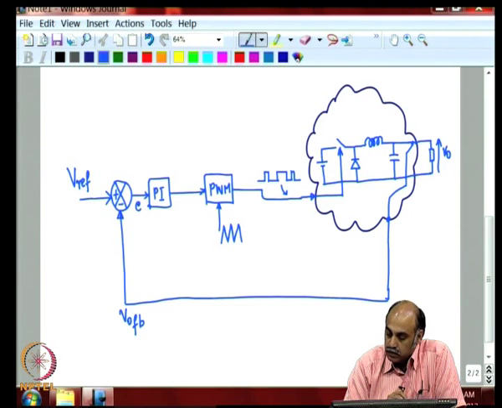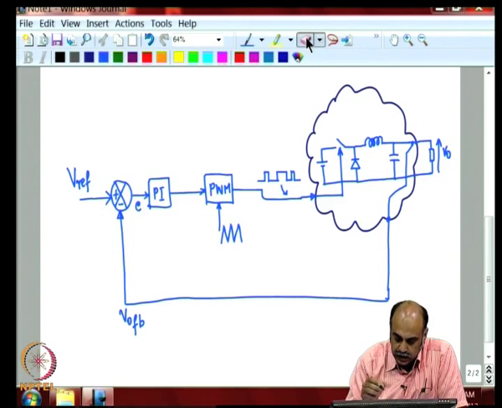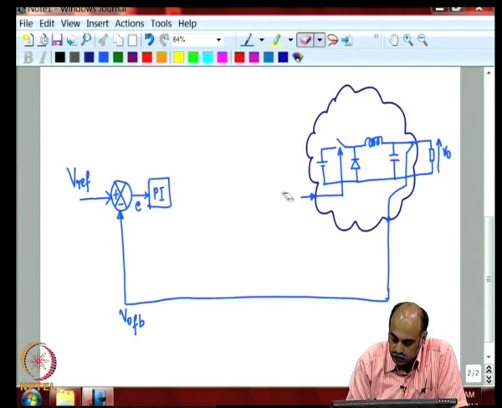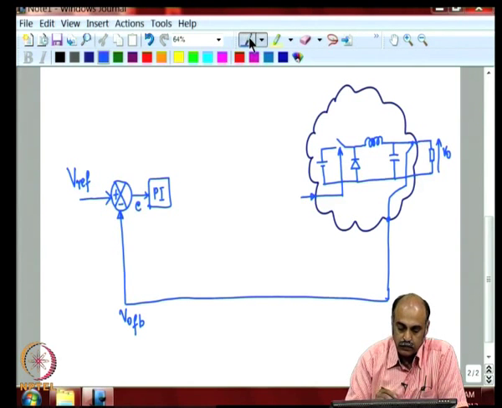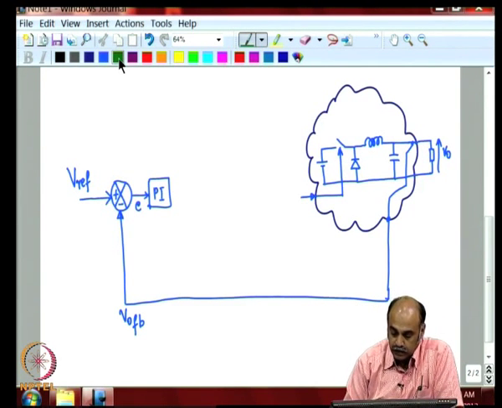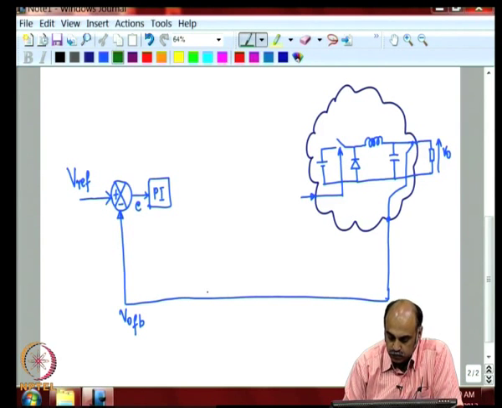Now, in order to do current control, we need to have one more loop called the current control loop, and that should be a fast acting loop, should be a high speed loop. So, we shall try to modify this control block suitably, and we will have one inner current control loop, which will be the fast acting loop.